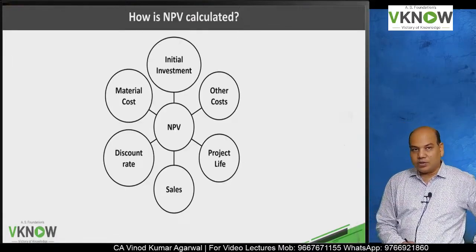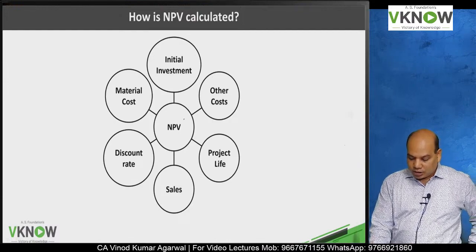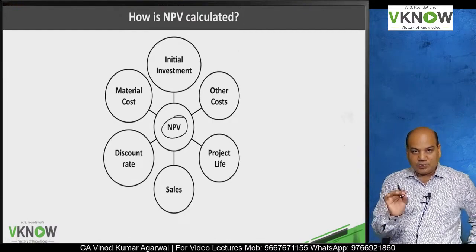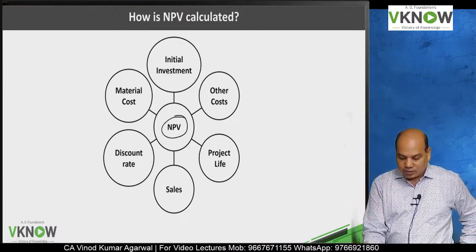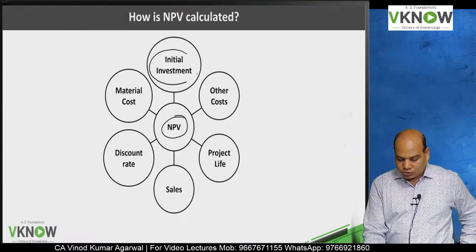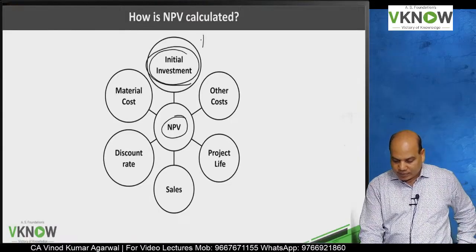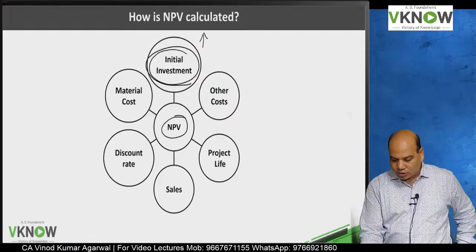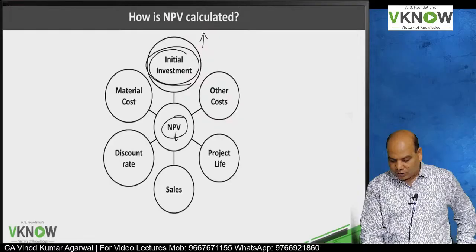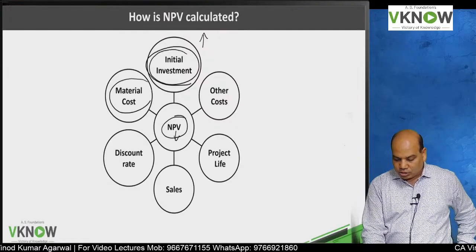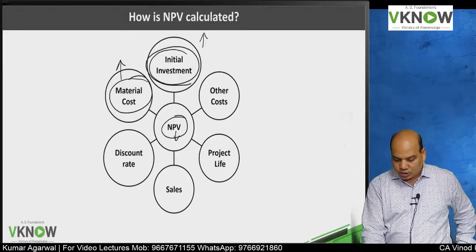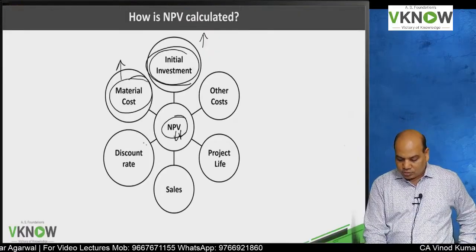You have learnt in the capital budgeting chapter that NPV is affected by several variables like cost of the project, initial investment. If this goes up, NPV will go down. Material cost, if it goes up, NPV will go down.